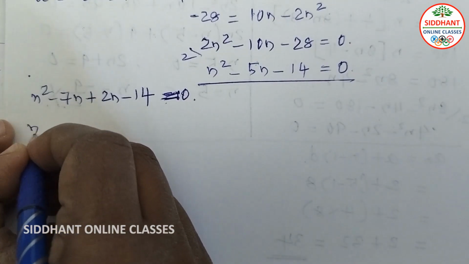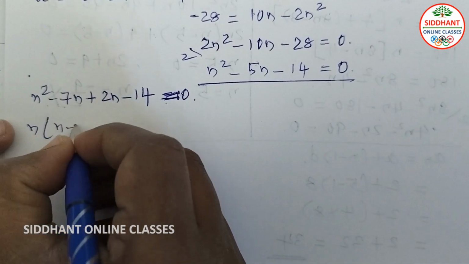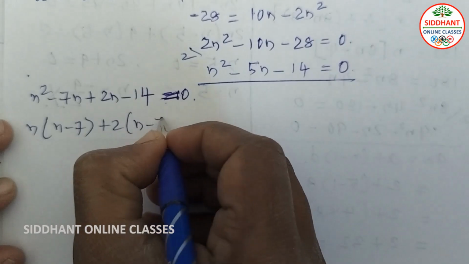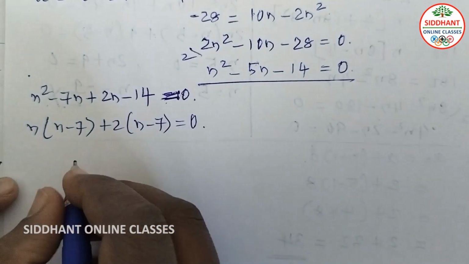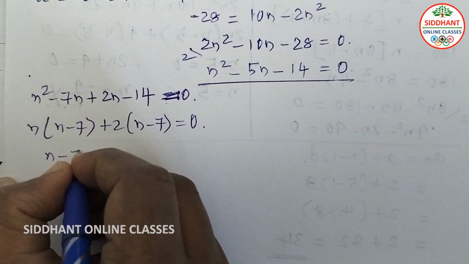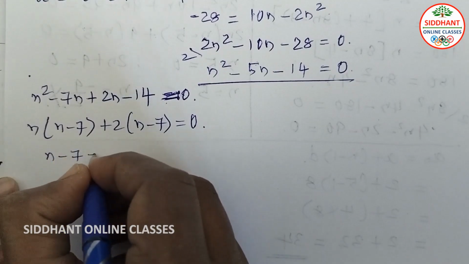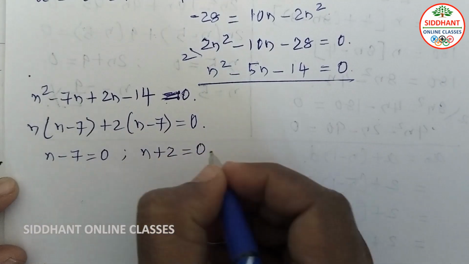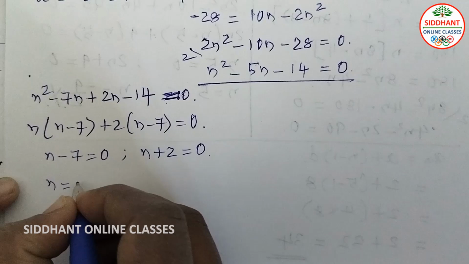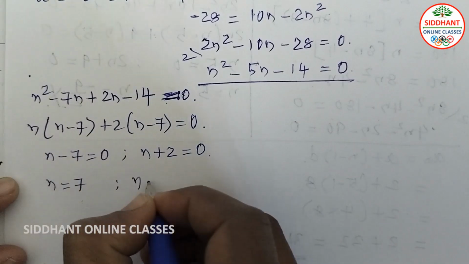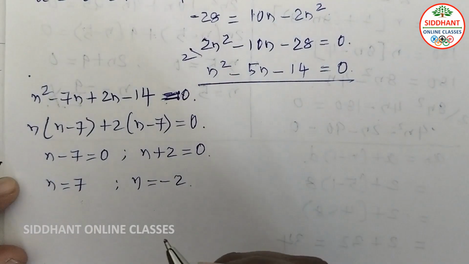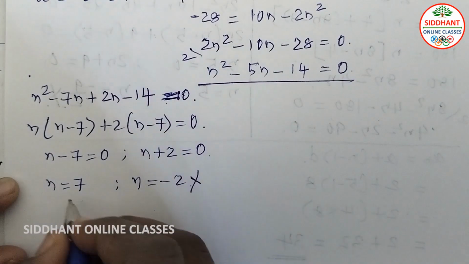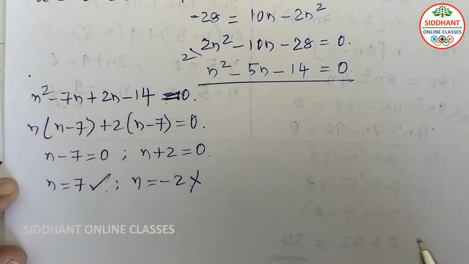Taking n common, n into (n minus 7) plus taking 2 common, 2 into (n minus 7), equal to 0. So n minus 7 equal to 0, and n plus 2 equal to 0. So n equal to 7 and n equal to minus 2. n can't be negative, so we omit this, and n equal to 7 we are going to take.